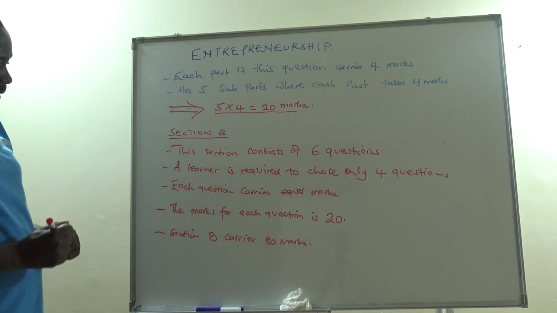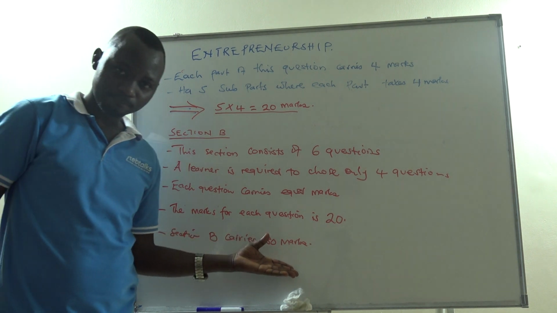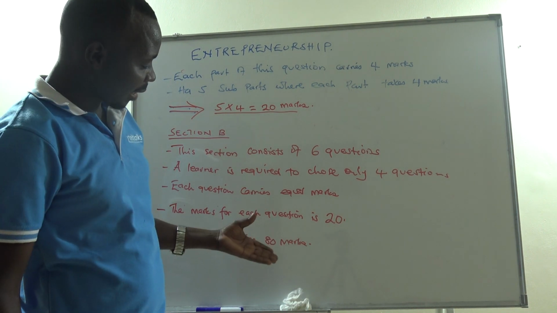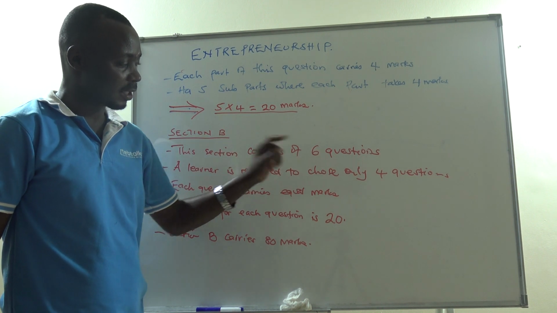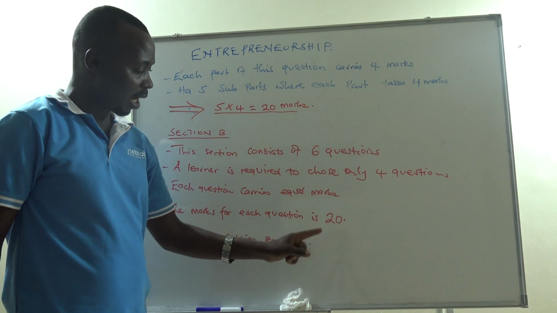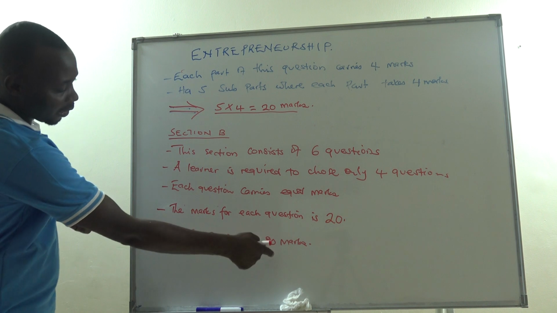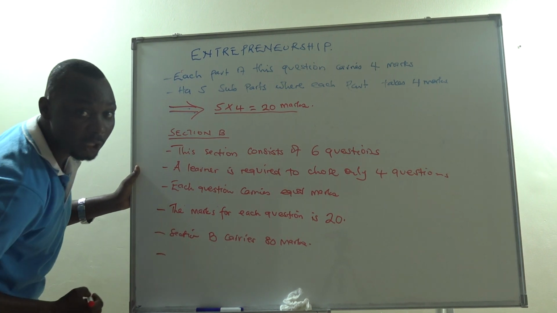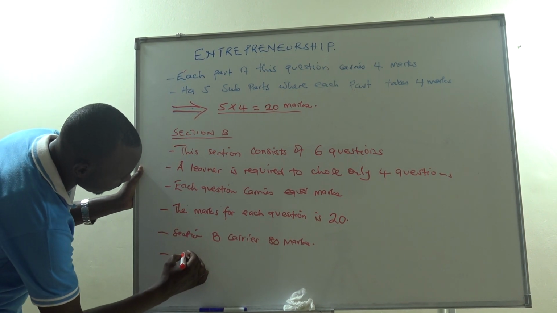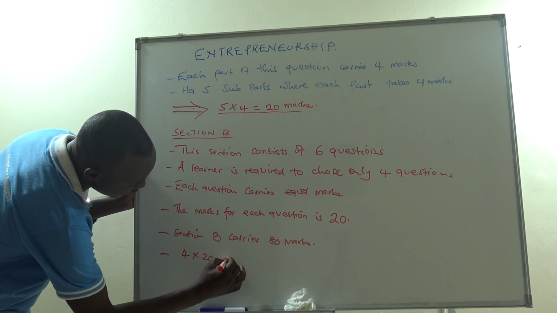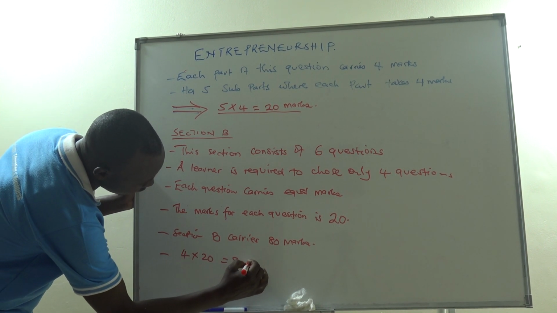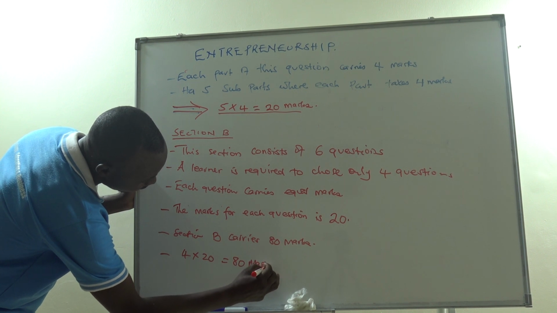Where does 80 marks come from? Remember we said a learner is attempting 4 out of 6 and each question carries 20 marks. Getting 80, we shall have a simple calculation: 4 questions times 20 marks is equal to 80 marks.